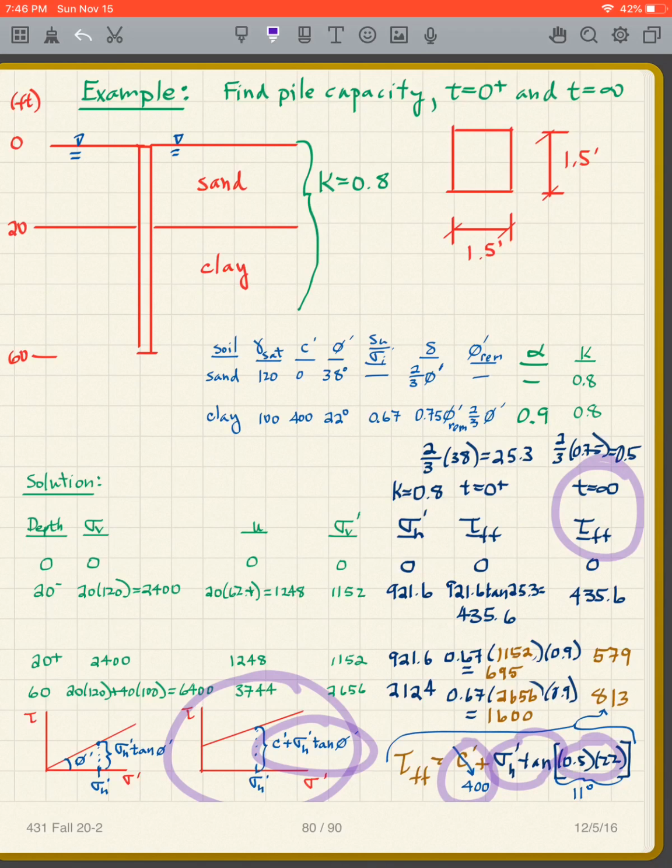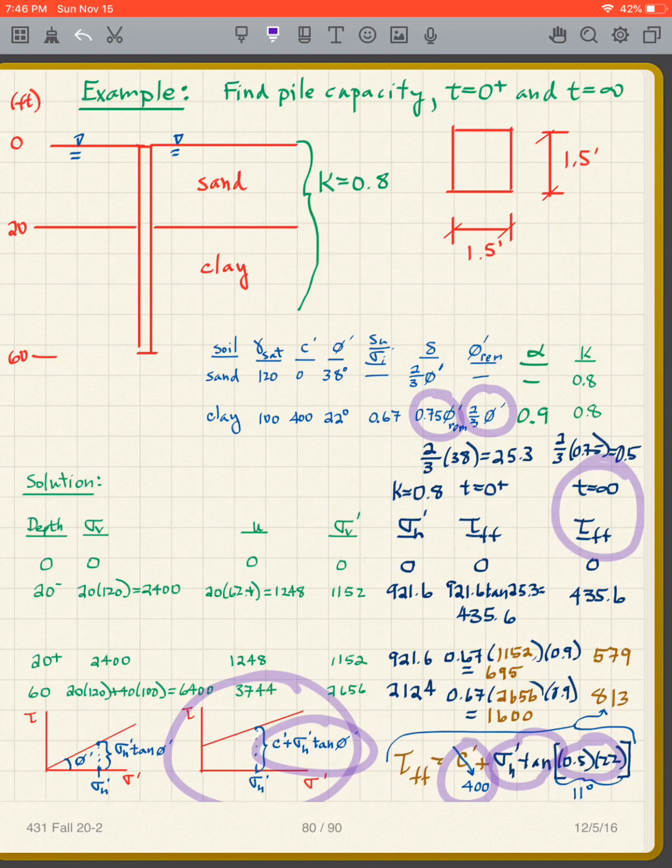I have to use the 2/3 here and my 0.75 here.